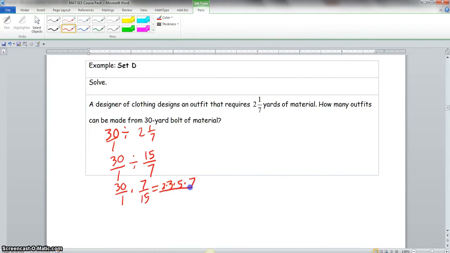And then we'll bring over our times 7. And our denominator, we'll have 3 times 5. These 3's and these 5's will simplify out, and you have 14 over 1, which would be 14. Now it'll be 14 outfits. And that is your final answer.